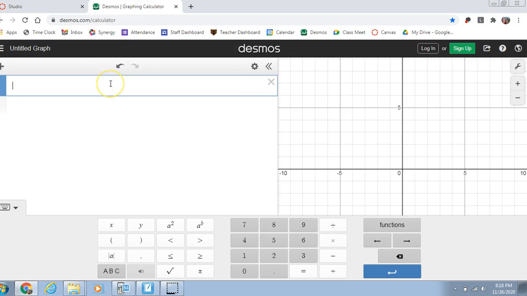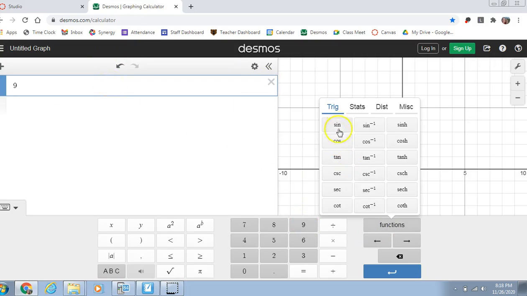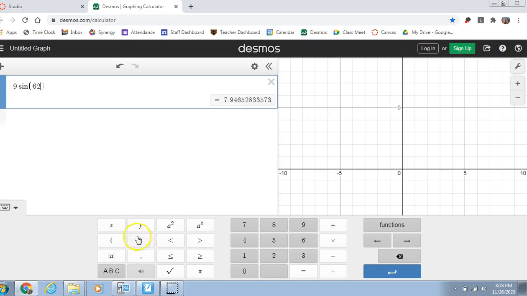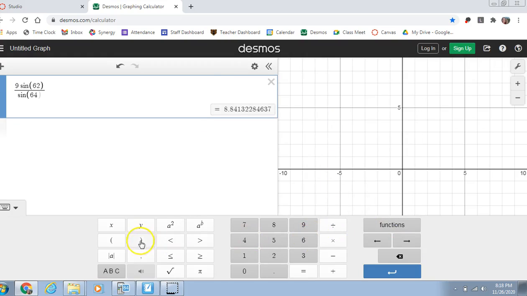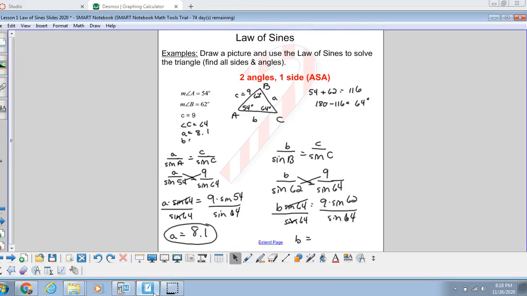Oh, I could have just added that, I suppose. 9 times the sine of 62, close parentheses, divided by the sine of 64 gives us, again, that same value of 8.8. So here our b value is 8.8, and we have solved our triangle.